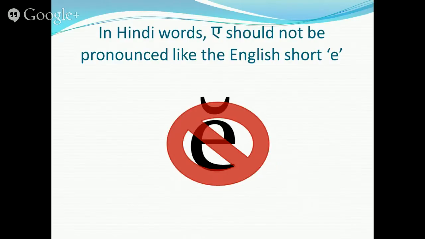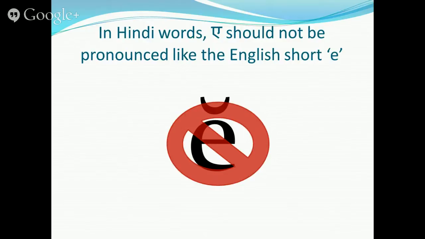And so here we're going to address a problem that is often difficult for English speakers. The letter A should not be pronounced like the English short E sound, which is eh. So A, in most cases, in Hindi words, not English words, sometimes we have English words that make it into Hindi, and you'll see those occasionally.